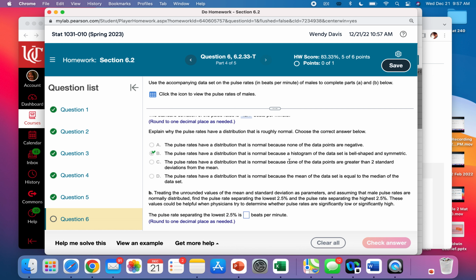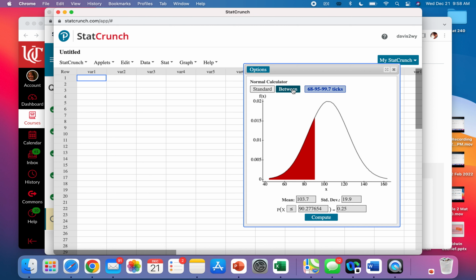So the ends are 5%, which means 95% is in the middle. 2.5% are the lower values, 2.5% are the upper values. Those two things make up 5, so 100 minus 5 equals 95 is in the middle. So I'm going to find the middle 95%.